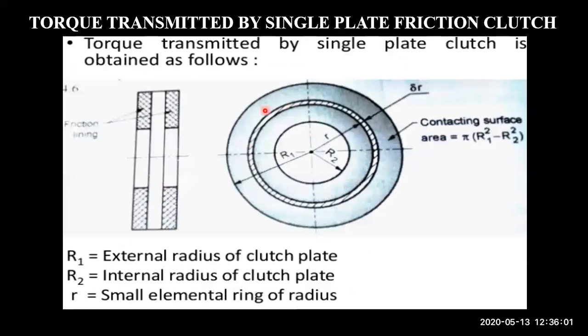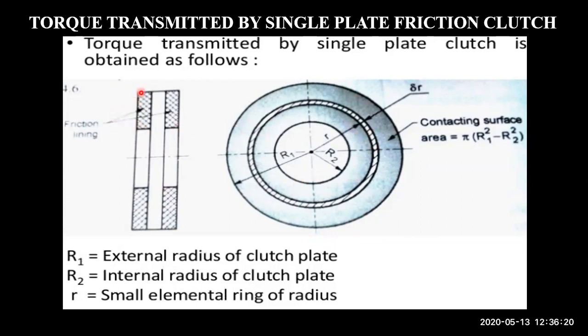So here, in this entire friction lining area, I can assume two things. I can assume that pressure here is acting uniformly across the entire area. So this is the face, right? On this entire face, this is the front view. In the side view, it will come over here.